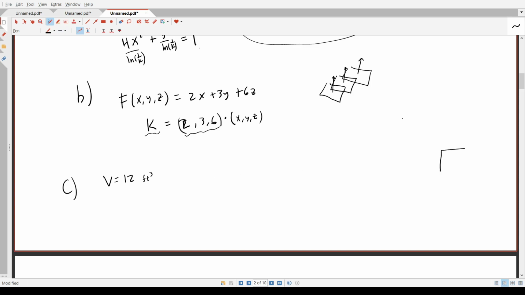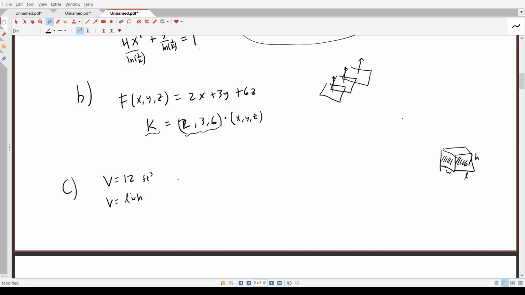We have a container here, with no top. Okay, but it's not going to have a top. So the height is going to be h. This will be the length and the width. So we know right away that the volume is length times width times height.